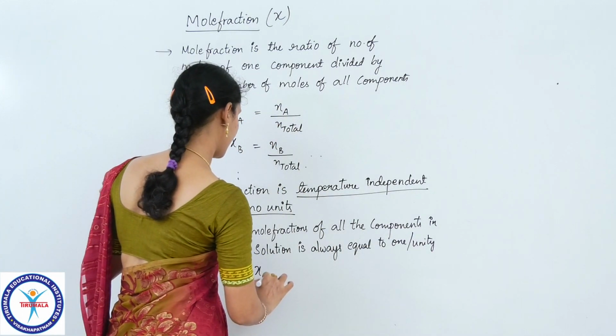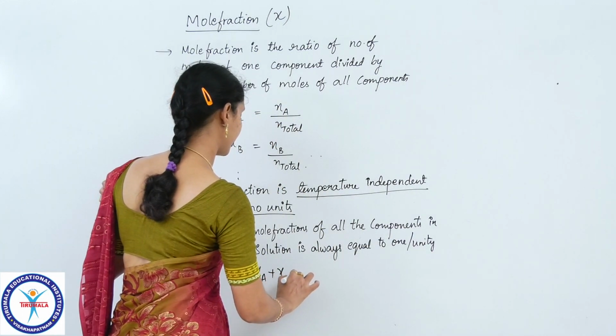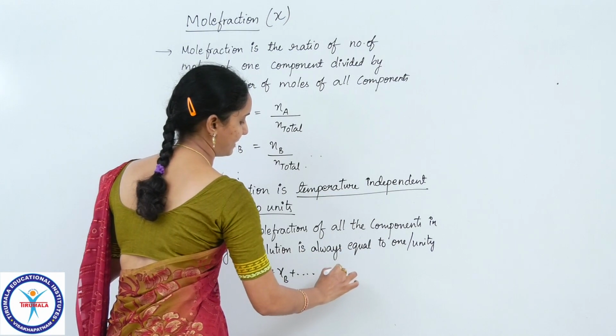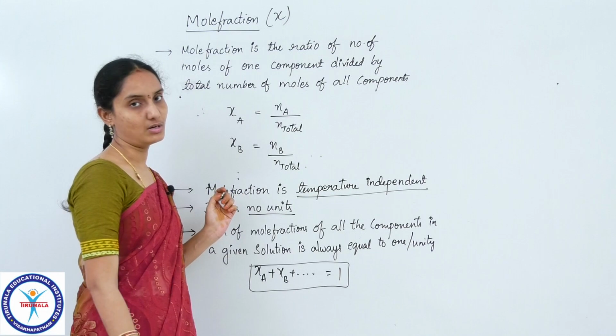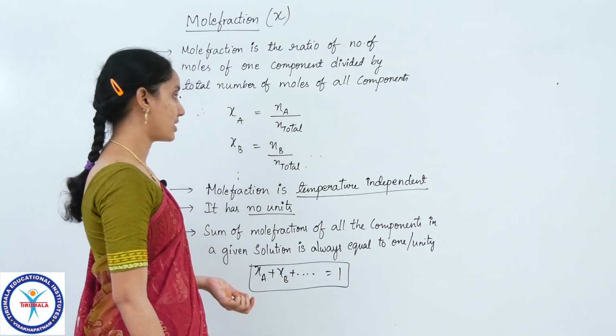That means XA plus XB plus so on, however many components might be present, the sum of all those mole fractions should be equal to 1. So that is another important point.